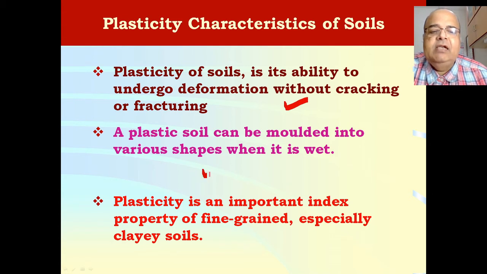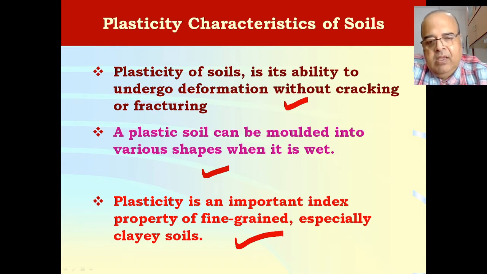A plastic soil can be molded into various shapes when it is wet or even moist. Plasticity is considered an important index property of fine grained soils, especially clay soils. Index property means a property which is indicative of certain other engineering properties.